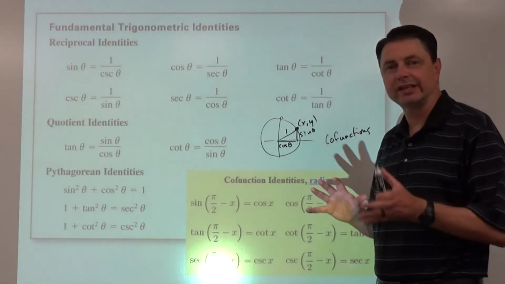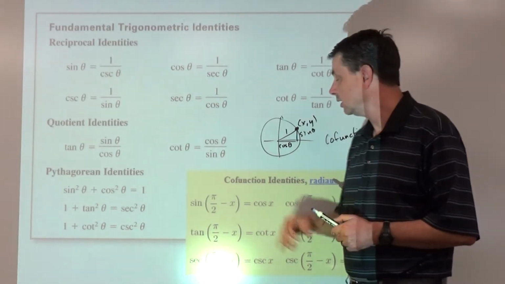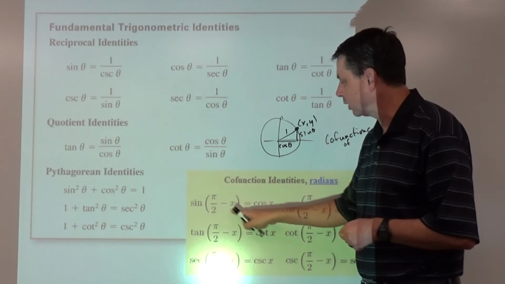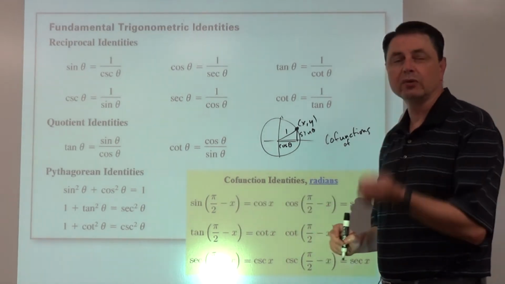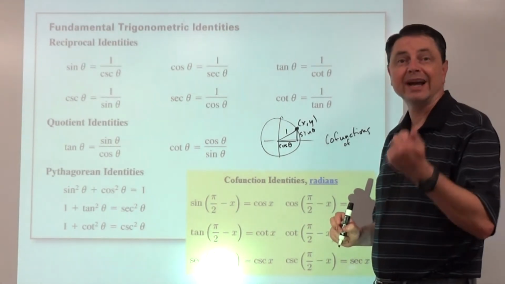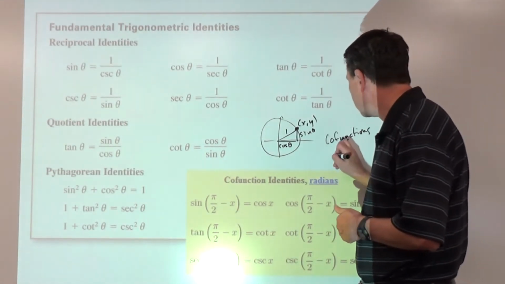So not necessarily the reciprocal ones, but these are the cofunctions. Cofunctions of, and here's this part, pi over 2 minus x, we recognize that from prior, back in 4.1, as being complements.